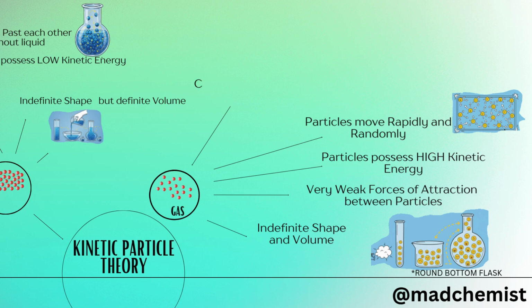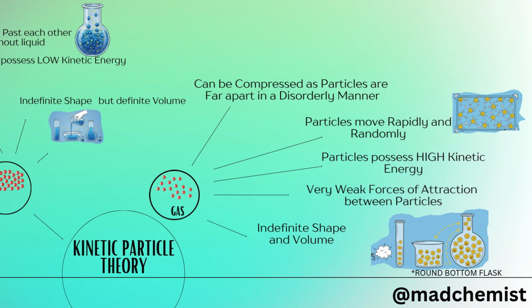The fifth property is that particles are far apart in a disorderly manner. So their arrangement is also disorderly and they can be compressed as compared to liquids and solids because they have large spaces between them, so they can be compressed easily.